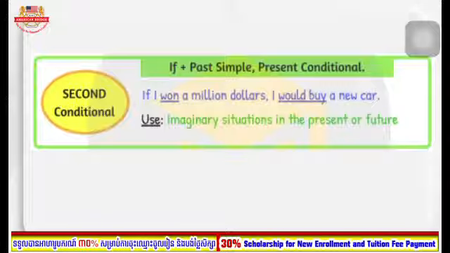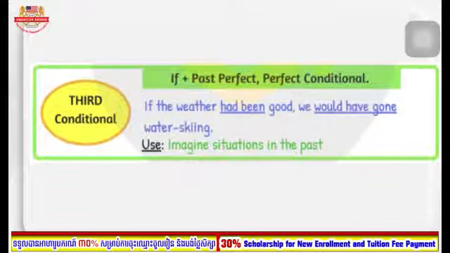But honestly, it won't happen. Look at the example again. If I want $1 million, I would buy a new car. This is not true, but just what we imagine about this condition. So, do you get this? Okay, so let's go.